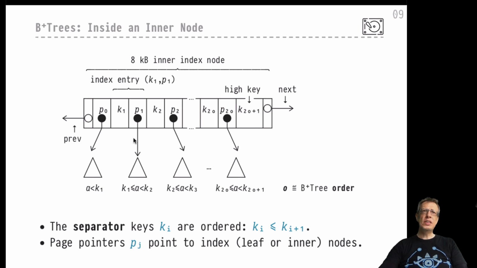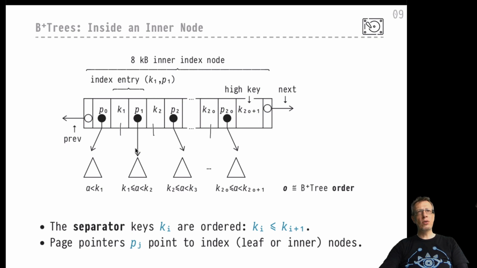Okay, these key values, this value, and this value, these are called the separators because they are separating the entries in the subtrees that are separated by these key values. Everything to the left of this K1 value is less than K1.